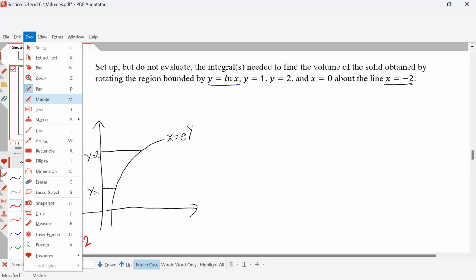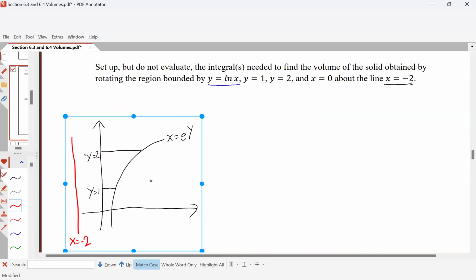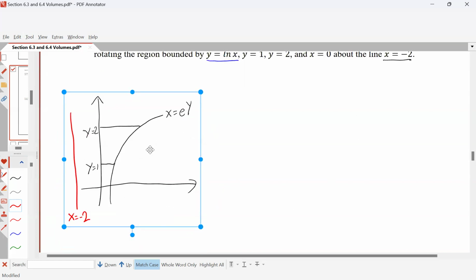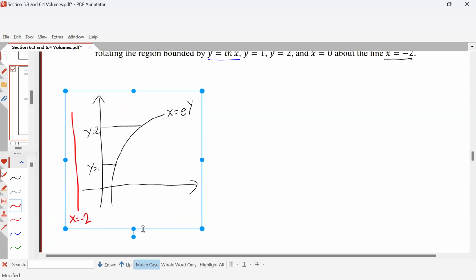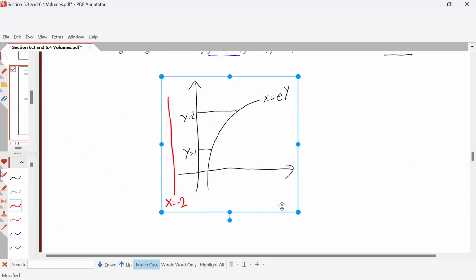I want to move our graph over. And when we rotate about that axis, we're going to end up with a hole in the middle, because we're rotating about this line.